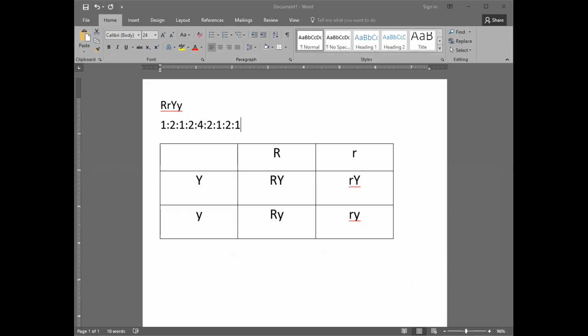Okay. Again, the genotypic ratio there is 1 is to 2 is to 1 is to 2 is to 4 is to 2 is to 1 is to 2 is to 1.